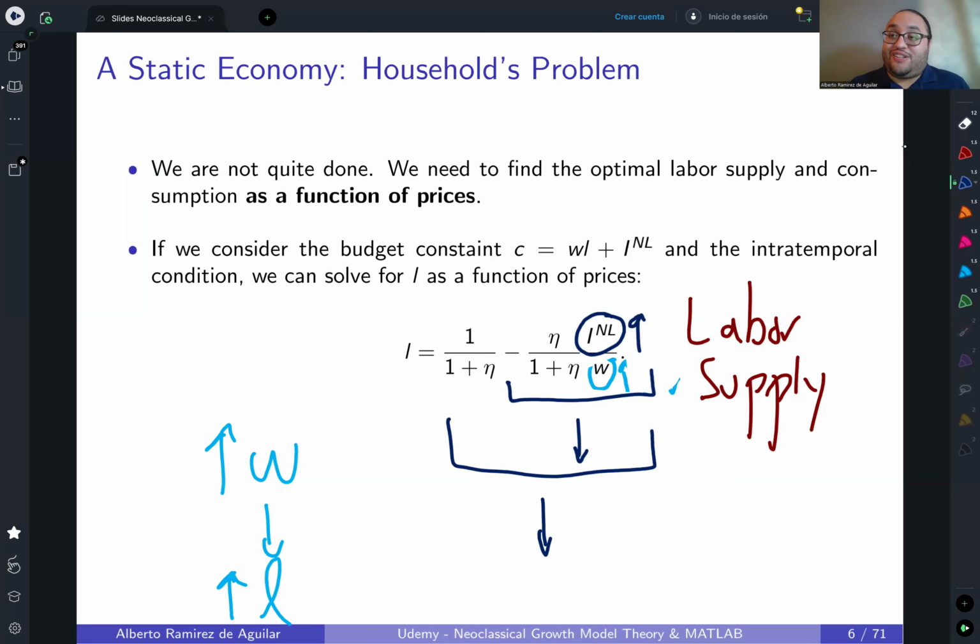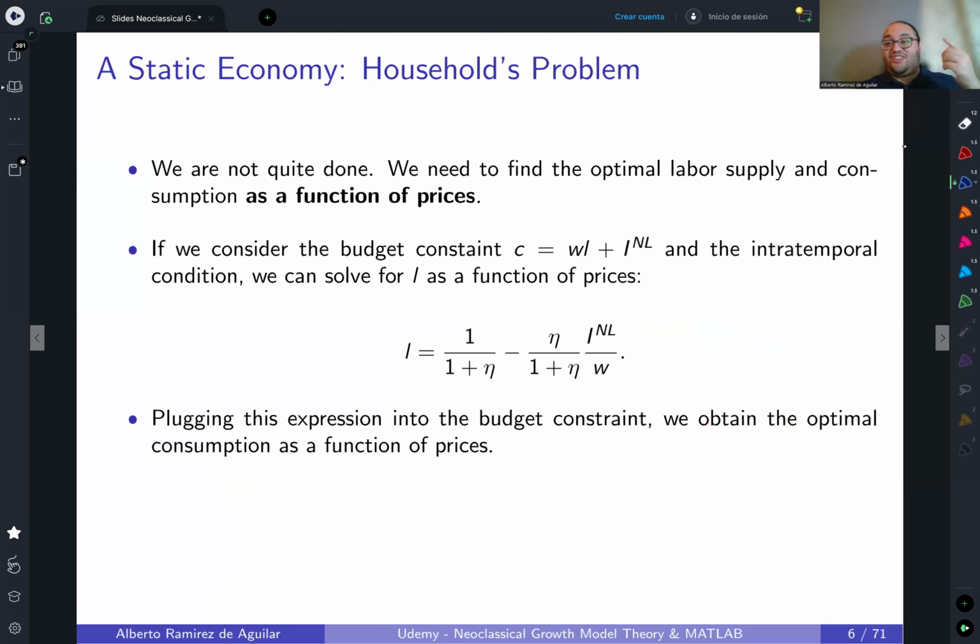If you remember your intermediate microeconomics, this is what's called an income effect. Okay, because leisure is a normal good. So as you're wealthier, that means you have a higher non-labor income, that's gonna make leisure more attractive and labor less attractive. So we should expect that richer people should be working less, okay, according to this model.